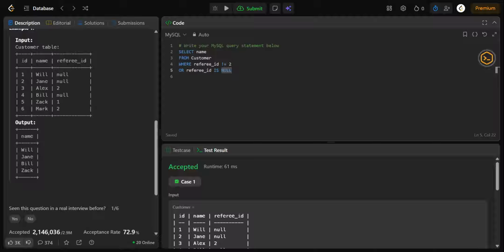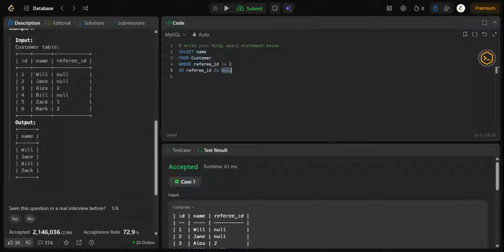So for the final revision, today we learned the WHERE clause using this problem. In most of the questions we have already learned about the WHERE condition, the not equal operator and null handling, how to handle the null part, as well as the is null condition, and also the logic part that you can tell in the interview.